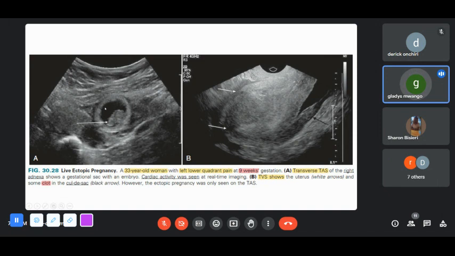Now, that internal echogenic mass, if it has cardiac activity, then that increases your confidence in saying that this is an ectopic pregnancy, because it could still be a thick-walled cyst with a blood clot within it. And that is why the clinical setting becomes important. Is a pregnancy test positive and things like that.